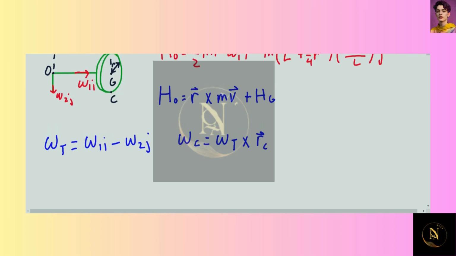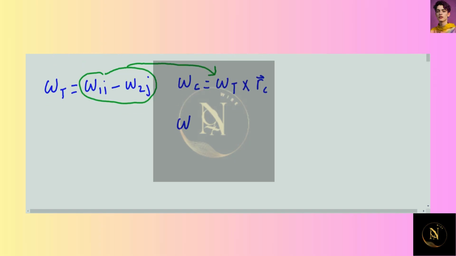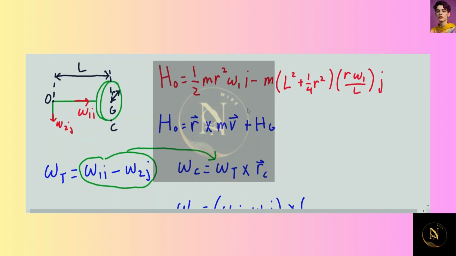So what we can do is take this term here and plug it into omega t here, and we'll get a new equation for omega c, which is going to be equal to omega 1 i minus omega 2 j, cross, and for this RC vector, we can plug in the length L i, minus this radius R j.